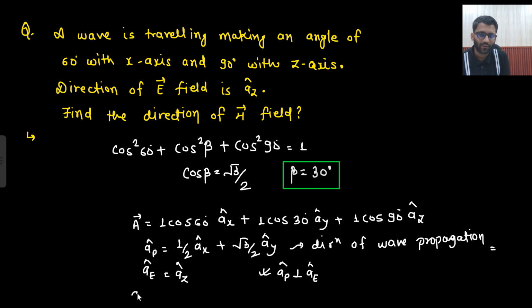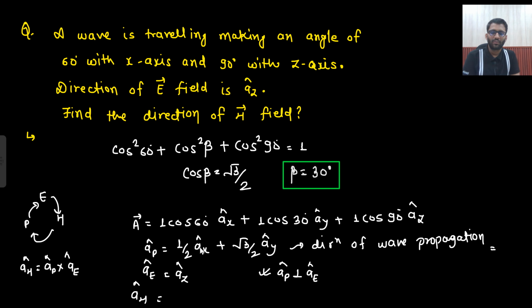Now you need to find the value of AH. So what do you remember? E cross H would give you P. So I need to find the value of H. So P cross E will give me AH. So P cross E. So what else am I having?